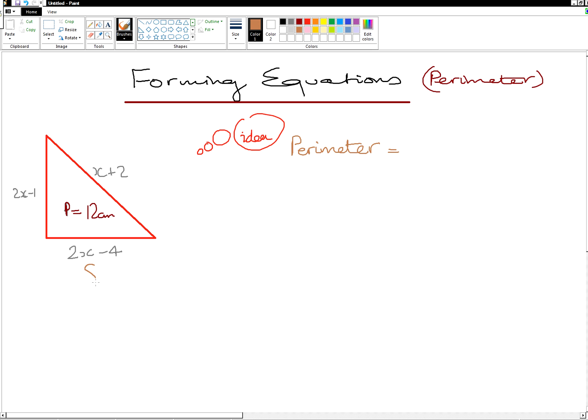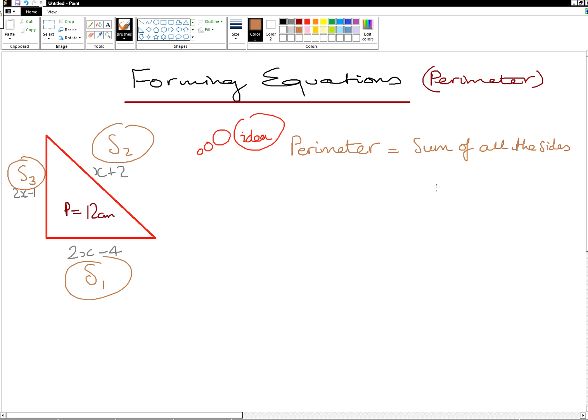Lovely. So we can call this one side 1, side 2, and we can call this one side 3. Let's just circle them so we can see them. So the perimeter is equal to the sum of all the sides.